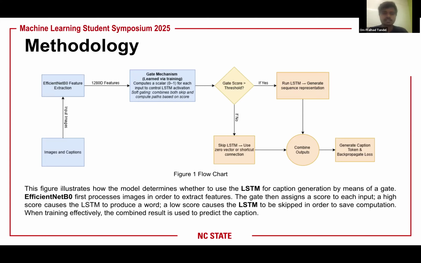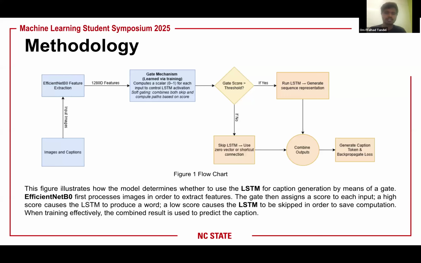And then we have something called the gate mechanism. For each input vector, the gate mechanism computes a scalar value between 0 and 1, and this determines whether the LSTM should process those input features or not. We took this reference from the adaptive computation layer.